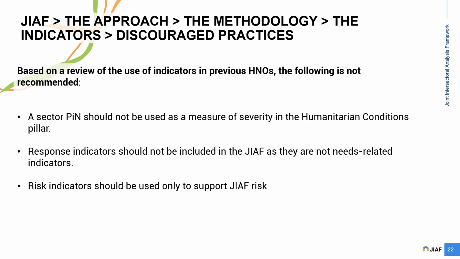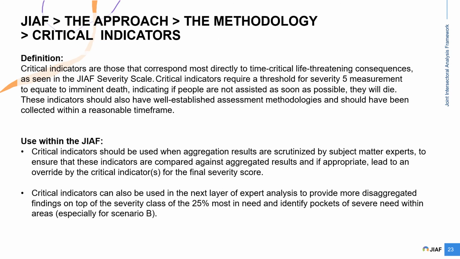They can be used separately to calculate gaps in response and inform the projection of needs. Finally, please do not use risk indicators. They should be used only to support JIAF risks. And now on to our next section on critical indicators.